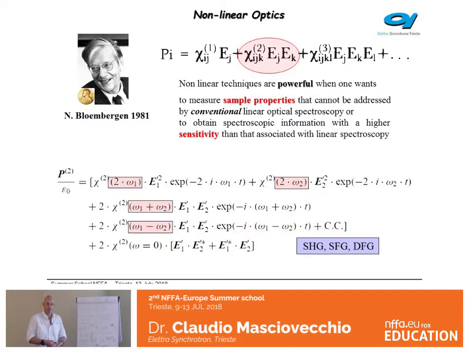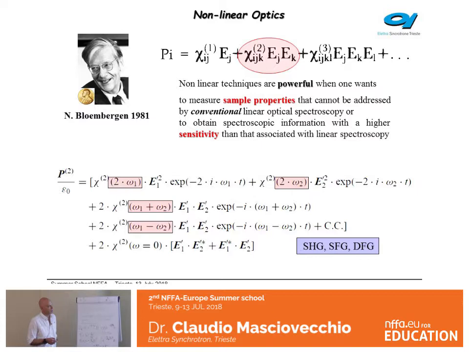But if the electric field is higher, or you have different electric fields, then it can also oscillate at other frequencies, which are a combination of the frequencies of the different fields. E_j and E_k can also be the same field, okay?